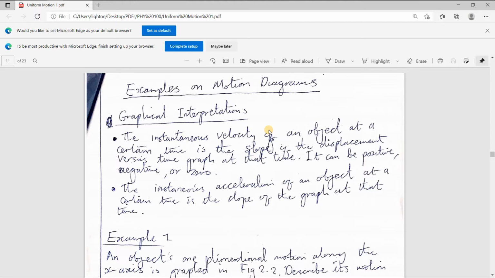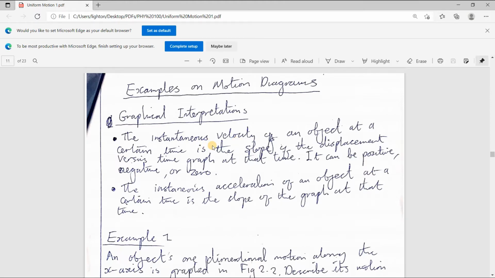So it's just the velocity of an object at a particular time. There are many definitions of instantaneous velocity. The velocity at an instant of time can be called instantaneous velocity.